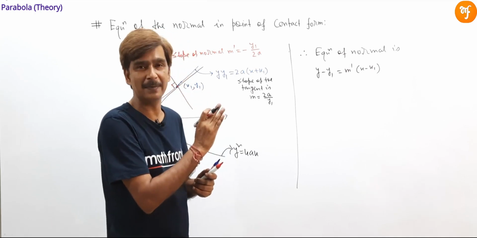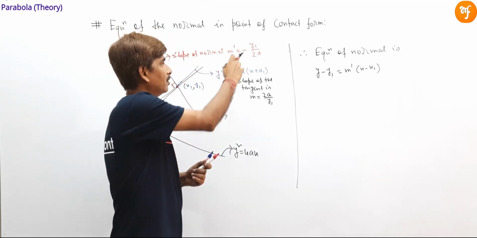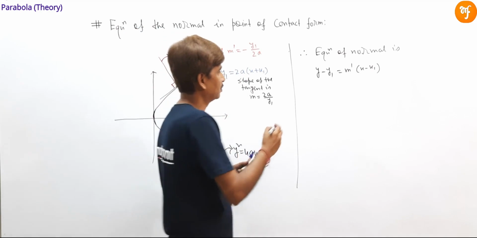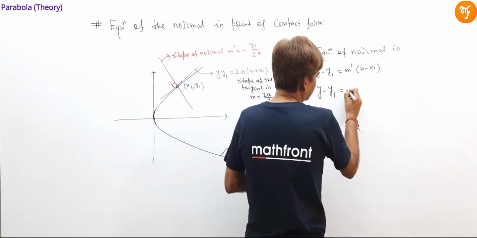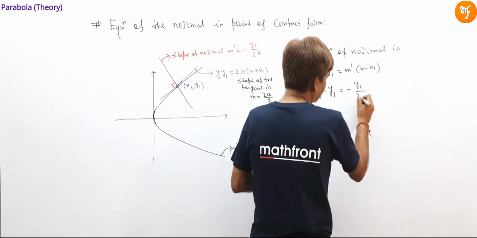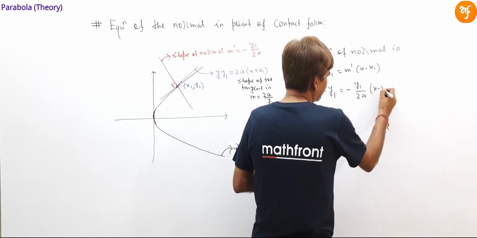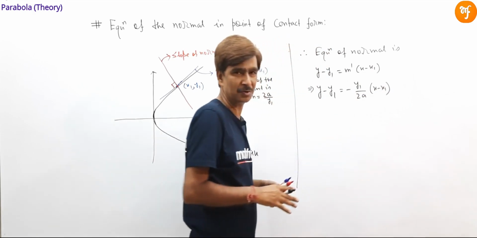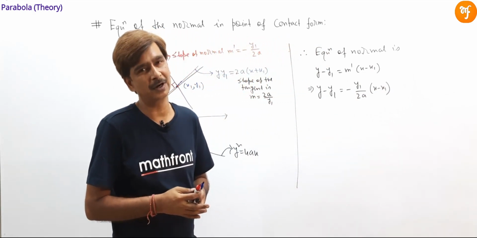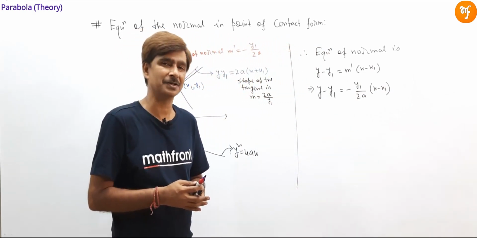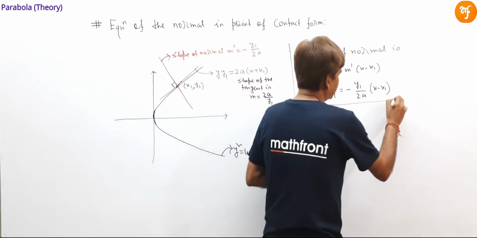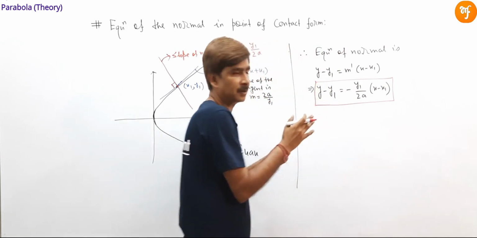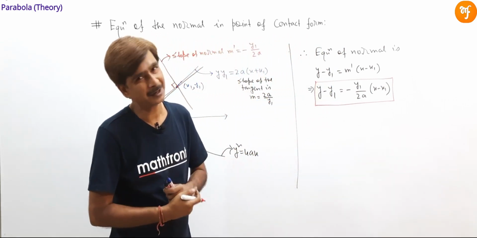So substitute m dash by minus y1 divided by 2a. So we get y minus y1 is equal to minus y1 divided by 2a into x minus x1. So this is the equation of normal in point of contact form to the parabola y square is equal to 4ax. Okay. So remember this trick, and here the point of contact is x1, y1.